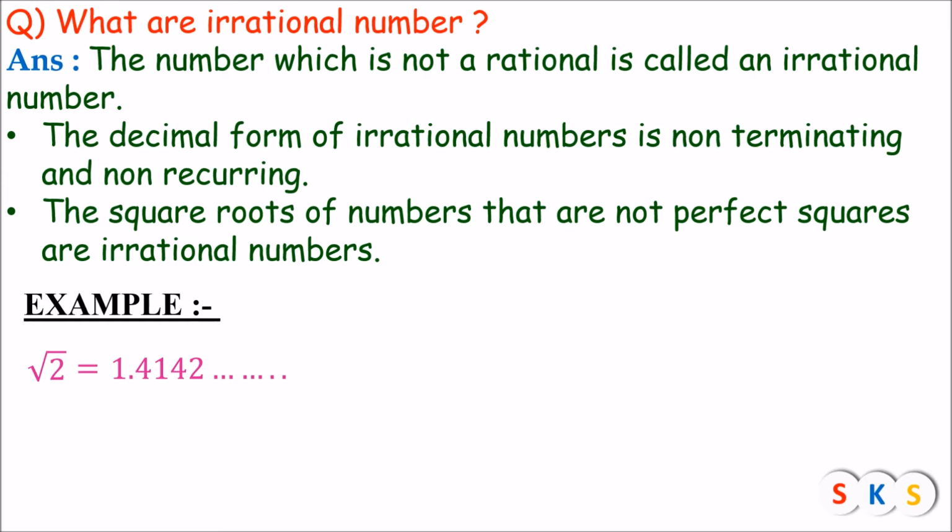Therefore root 2 is known as an irrational number. Similarly here we have square root of 3, and 3 is not a perfect square, therefore root 3 is also an irrational number. Root 5, and you can see that 5 is not a perfect square of any number, therefore square root of 5 is also an example of an irrational number.